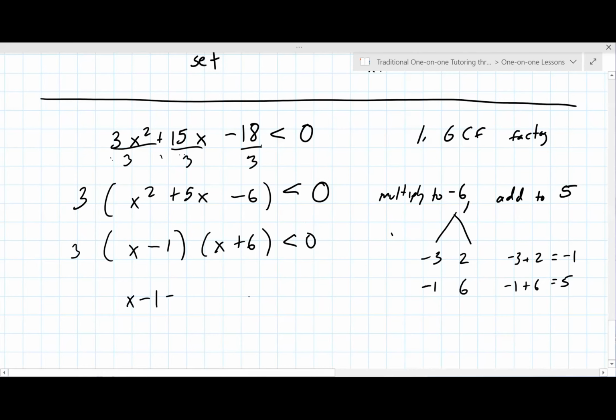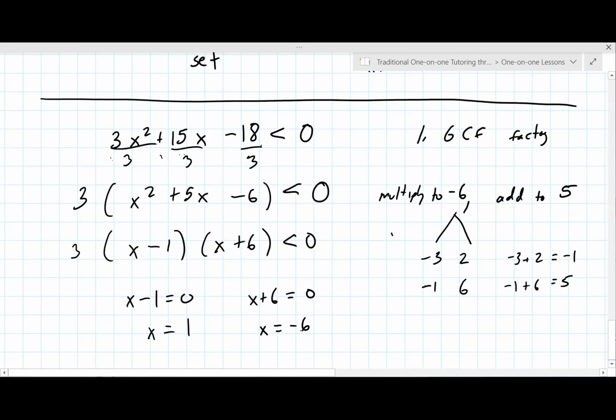So x minus 1 equals 0, x plus 6 equals 0. Can you tell me the x values? 1 and -6.